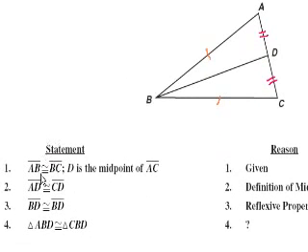So statement 1, AB is congruent to BC. They give us that. D is the midpoint of AC, that was given. Fair enough. AD is congruent to CD, because D is the midpoint of AC. Definition of midpoint. BD is congruent to BD, of course. Anything is congruent to itself.